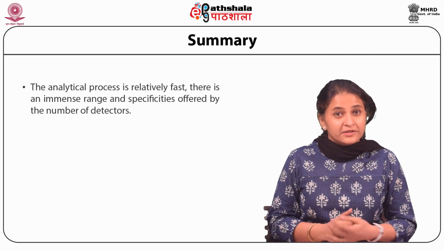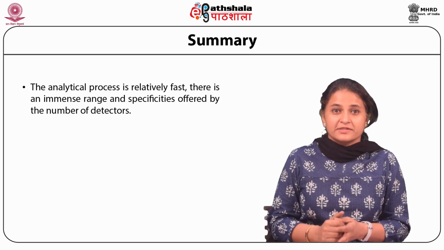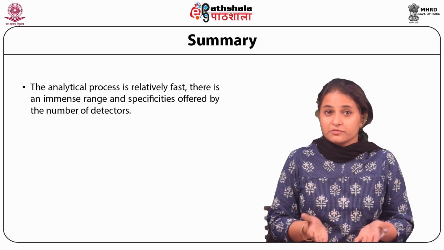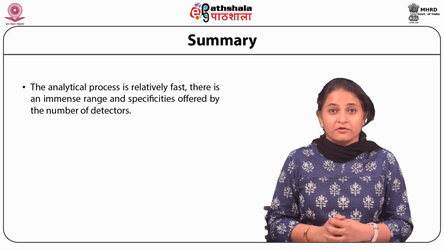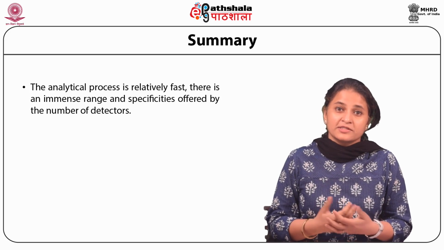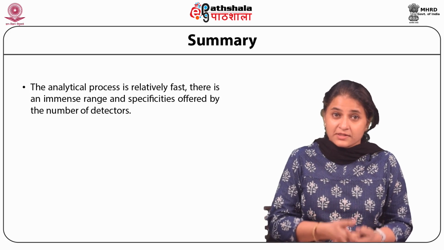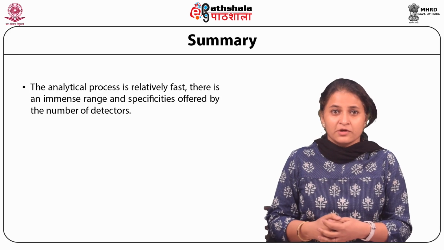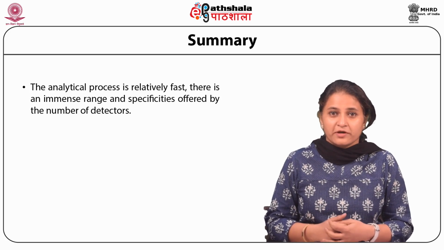Further, the analytical process is relatively fast, and there are a number of detectors that can be combined with the columns available that offer a very high level of sensitivity as well as specificities. And of course, we've seen that the detectors can be either mass or concentration sensitive, with varying sensitivities from picograms to femtograms.